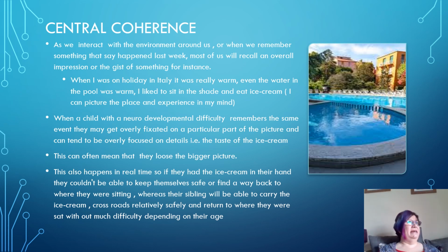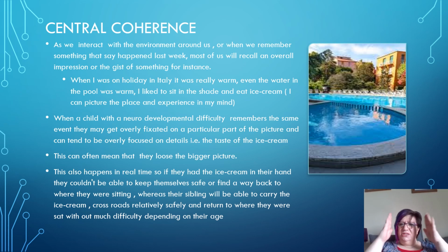So as an example, we've all been in that sort of soft play environment, where a neurotypical child might run off and play, might be able to experience the slides, the climbing frame, or the other children, being able to manage a line, being able to manage a queue.